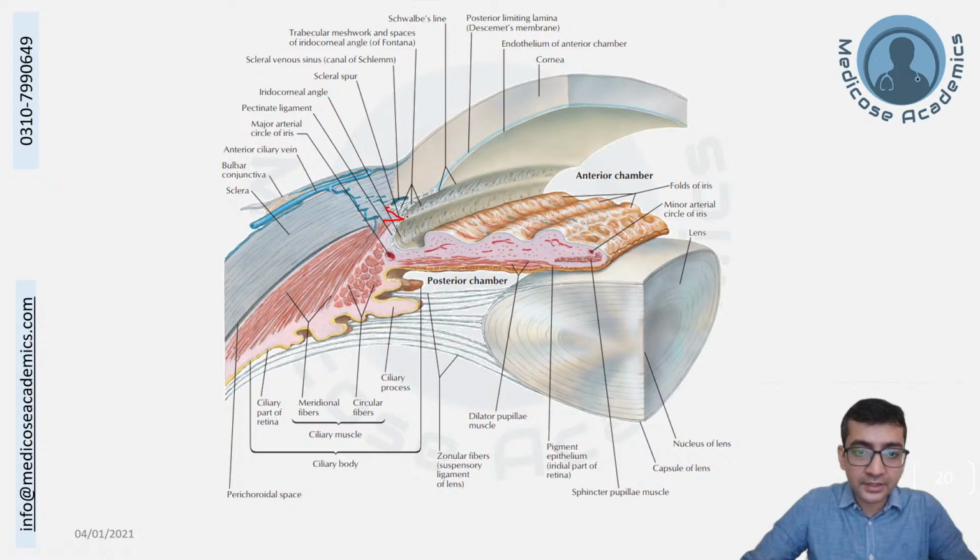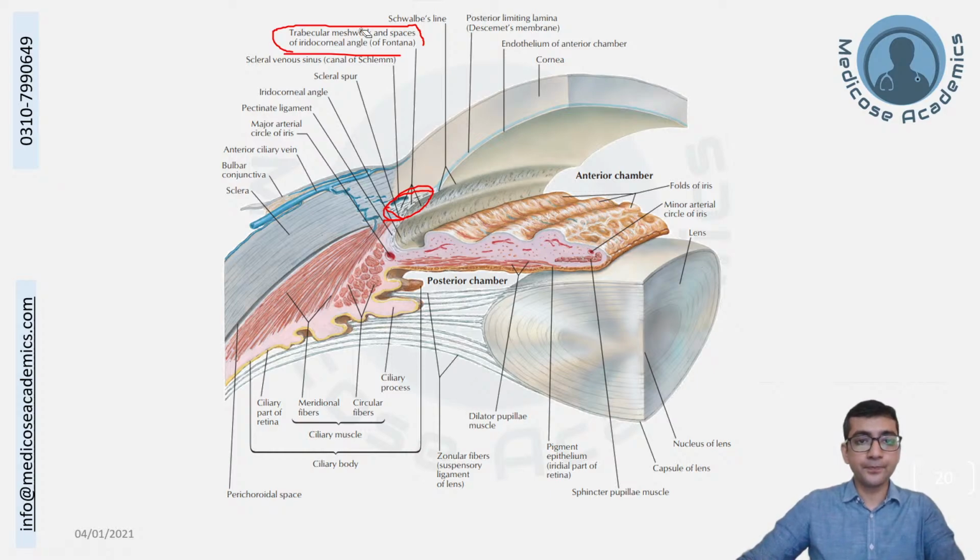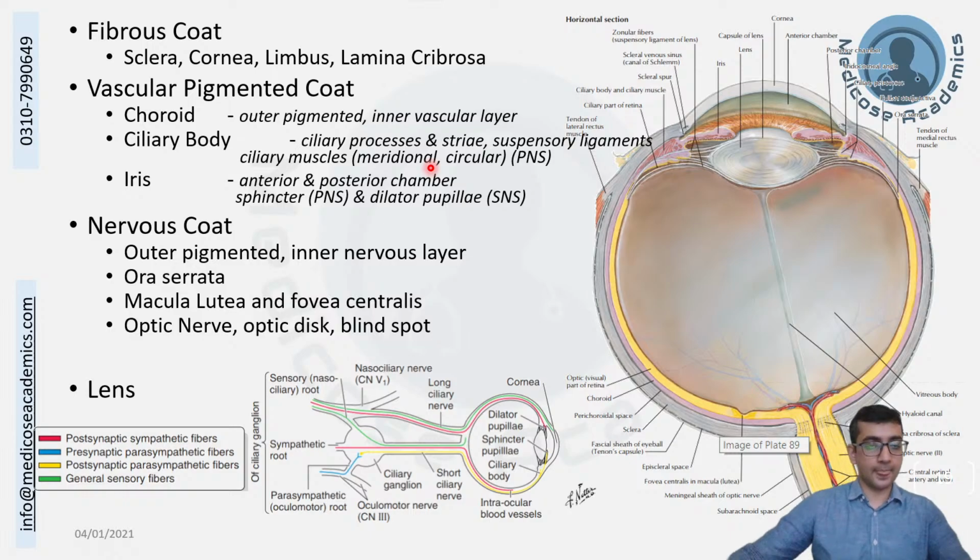And actually it is between the scleral spur and the sclerocorneal junction that the trabecular meshwork is present at the iridocorneal junction, through which the aqueous humor drains into the canal of Schlemm. This canal of Schlemm is ultimately connected to the multiple veins on the outside, the vorticose veins, and that is how the aqueous humor is drained.